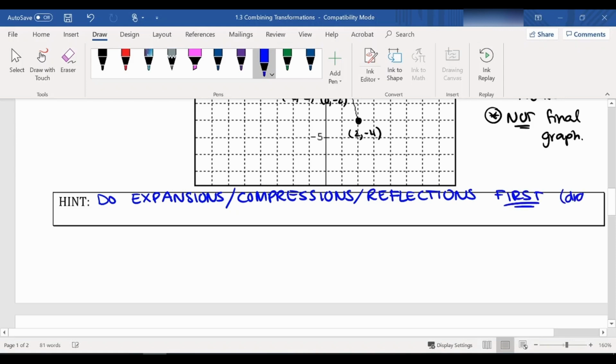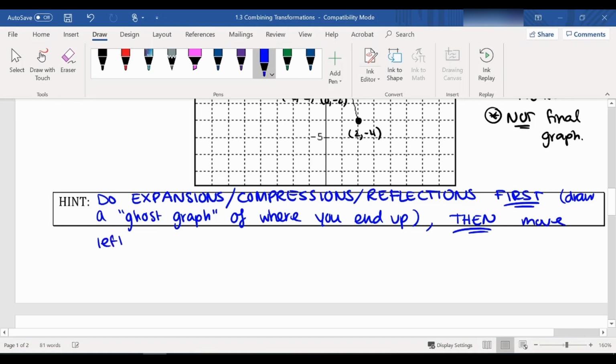And I would say draw a ghost graph of where you end up. Then move left, right, and up, down.